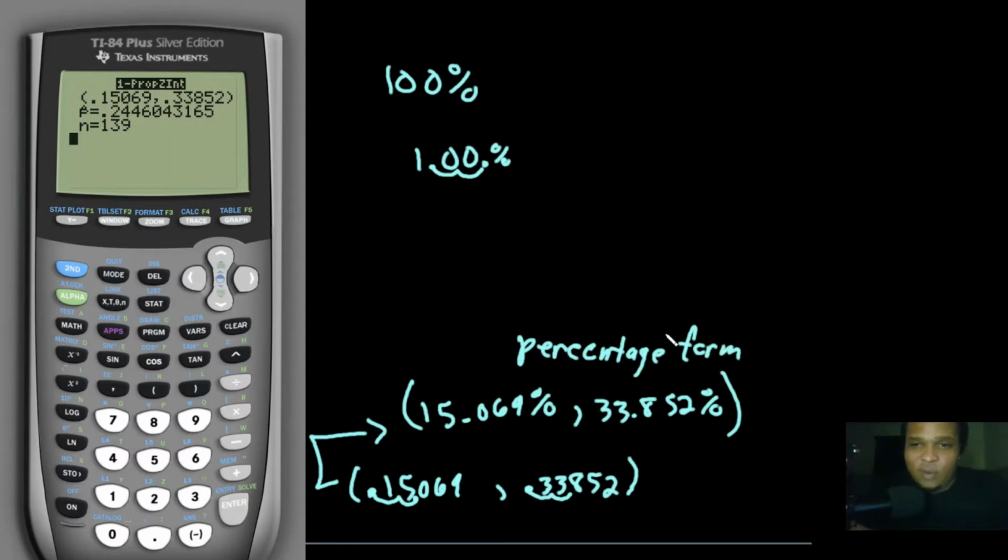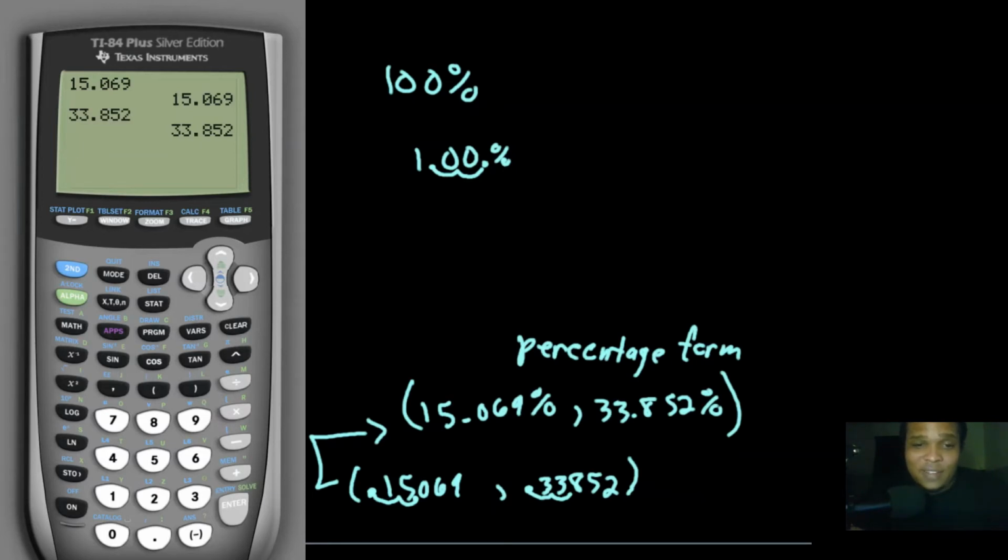All right, so what do they want from us? We have 15.069. You know what you can do as well? You can store it inside of your calculator. We don't normally do it this way, but you want to use your calculator to the best of its ability and your ability, because sometimes it's best to just have it there where you can always come back to it.